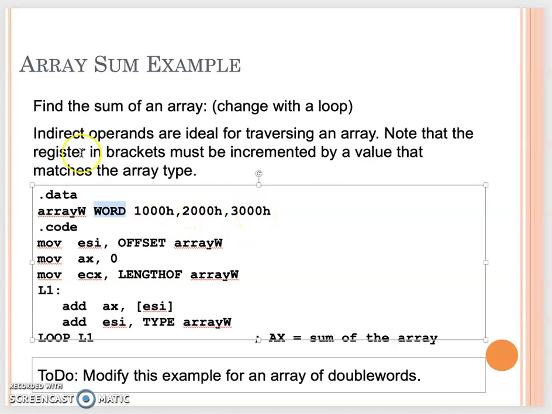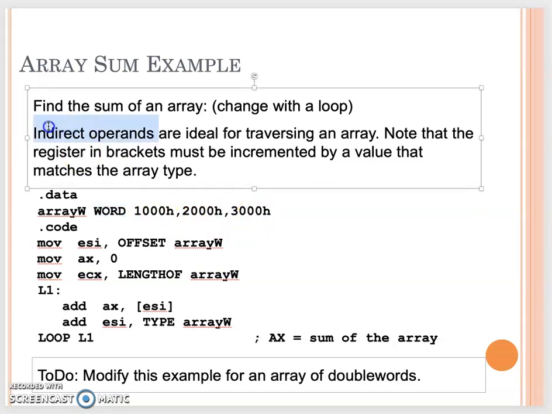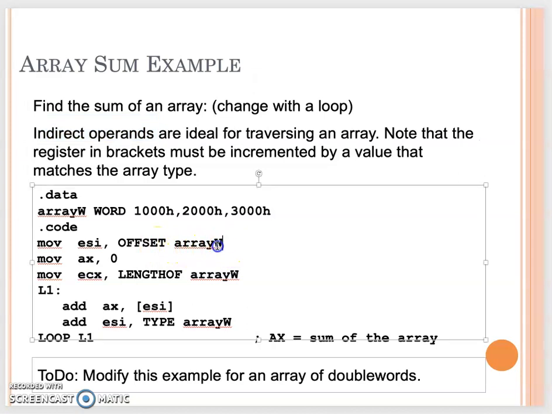We can use the indirect operand, because with the indirect operand we save the offset of the array W into the ESI. So then here we can use the ESI to traverse around the array.